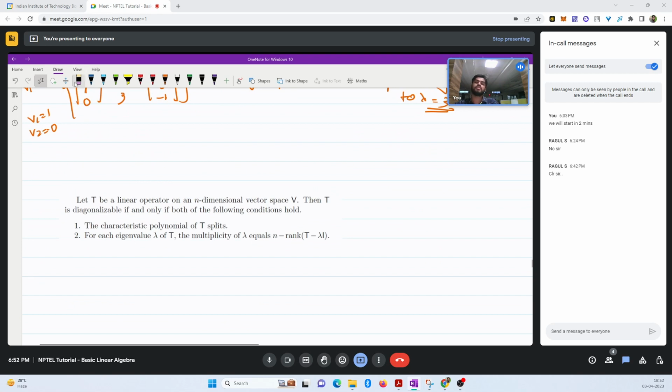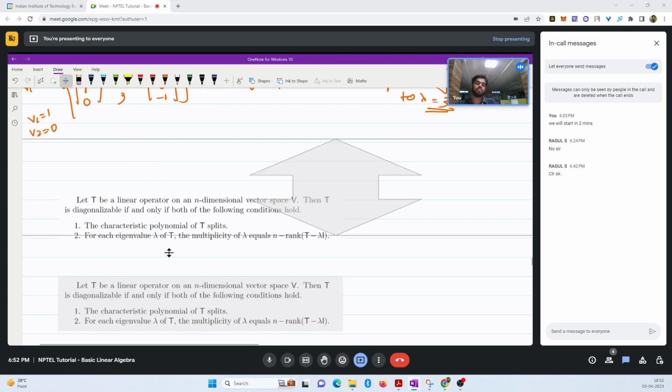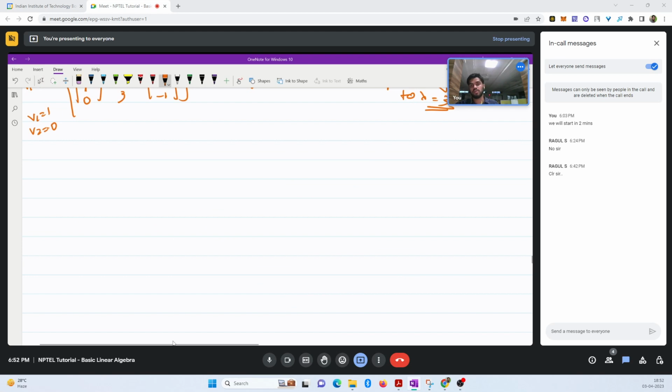Now we have reached the point where we should talk about when a matrix should be diagonalizable. But let's talk in a very simple informal way first. How will you know whether you have a diagonalizable matrix or not? Initially you will be given some matrix A. What is the first step that you always do?